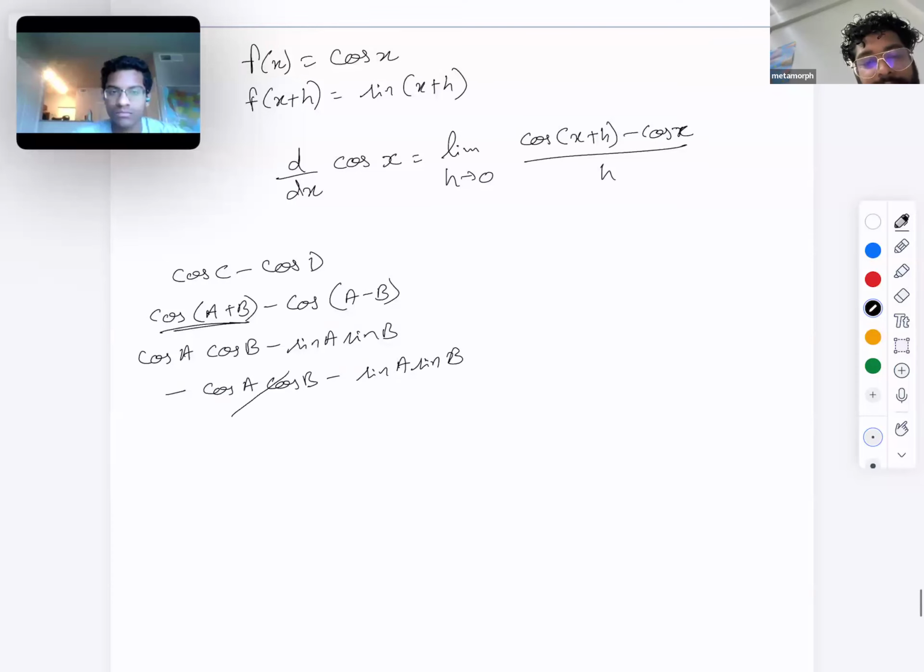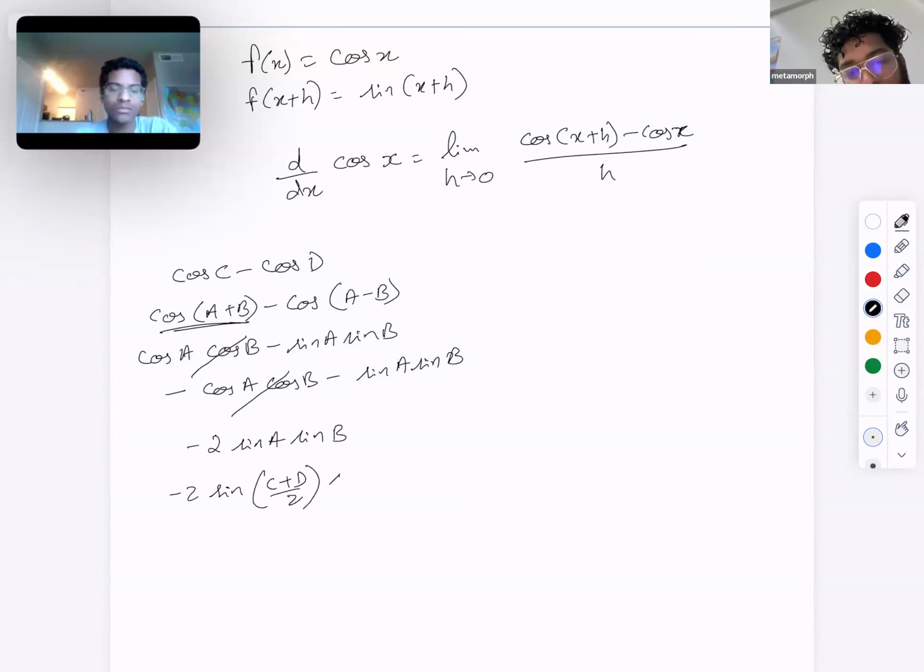So what you have here is negative 2 sine a sine b, which is the same as negative 2 sine of c plus d by 2 times sine of c minus d by 2. This is the derivation.